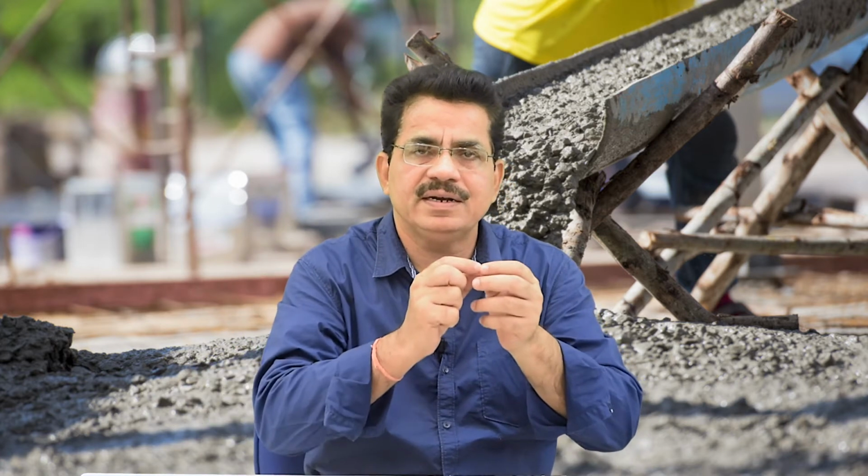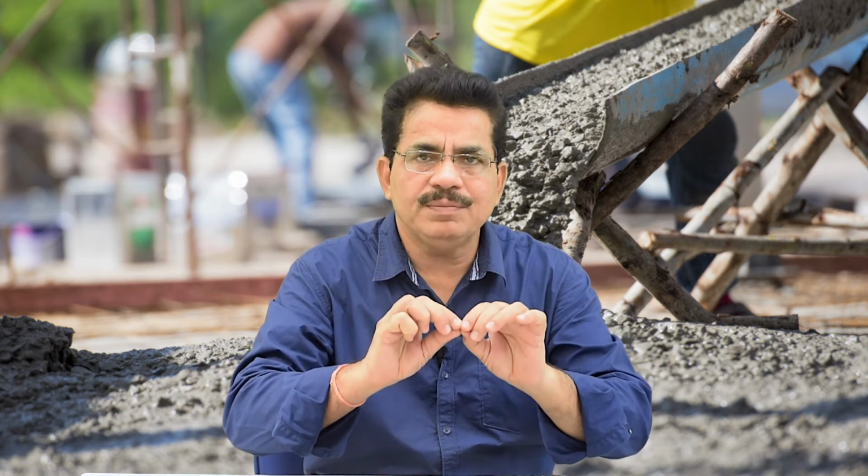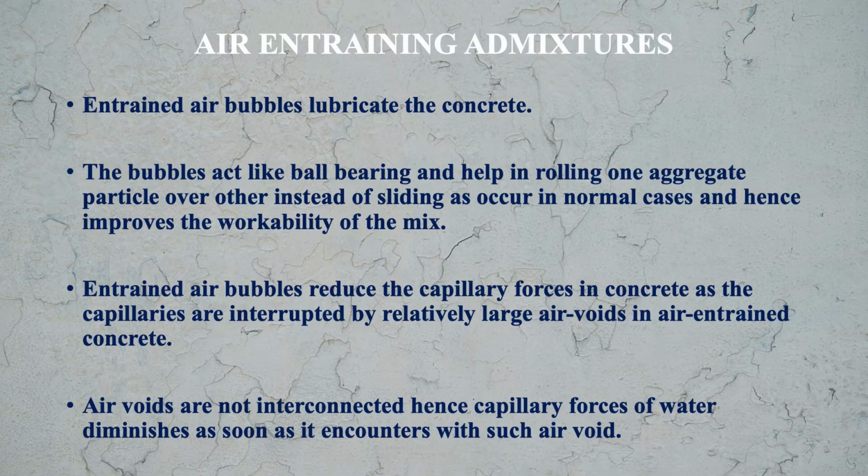Air voids are not connected. It is very important that though air voids are there, they are not interconnected. Because if air voids are interconnected, then they will form a channel and the concrete will become permeable. Here air voids are not interconnected, hence the capillary forces of water diminish as soon as it encounters such air voids.